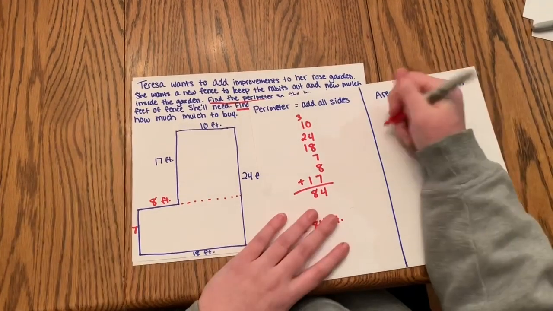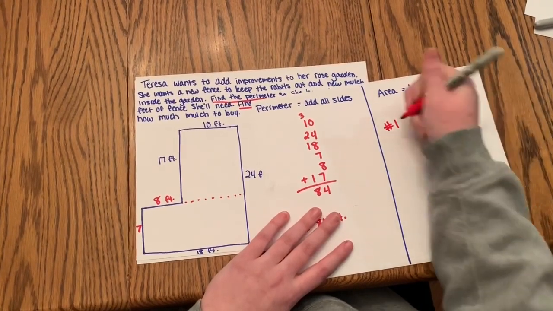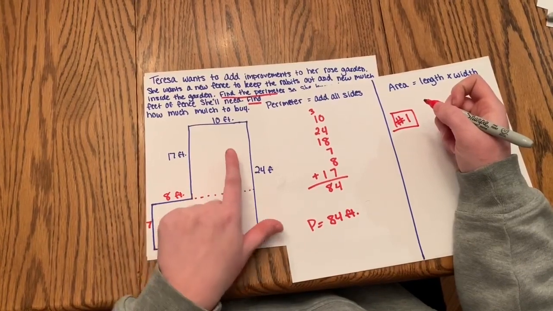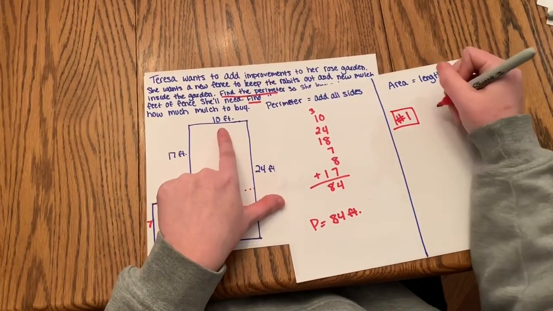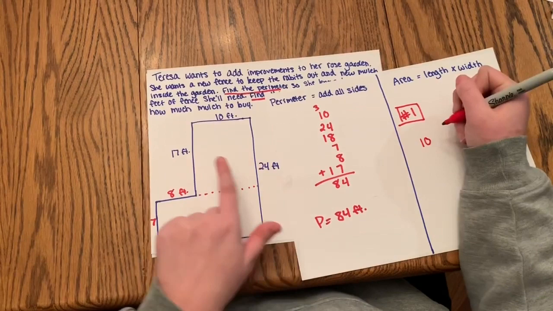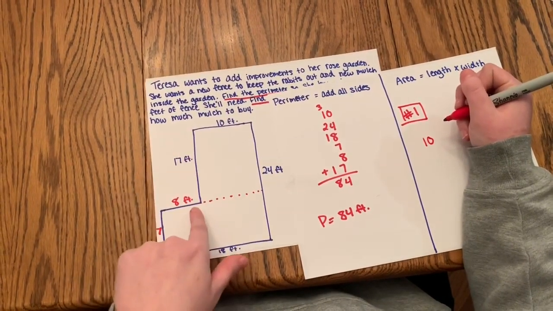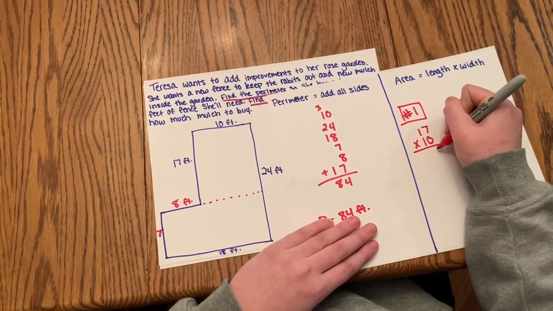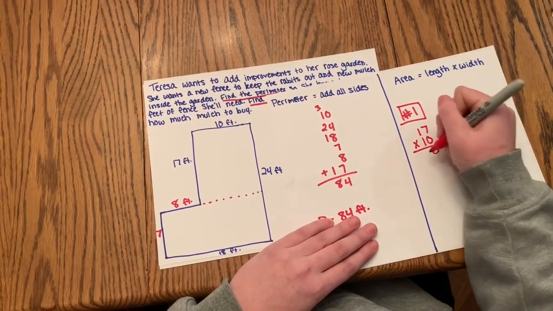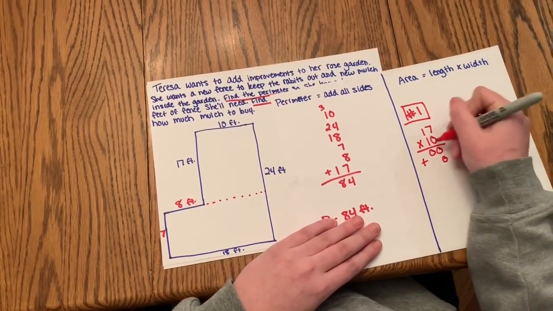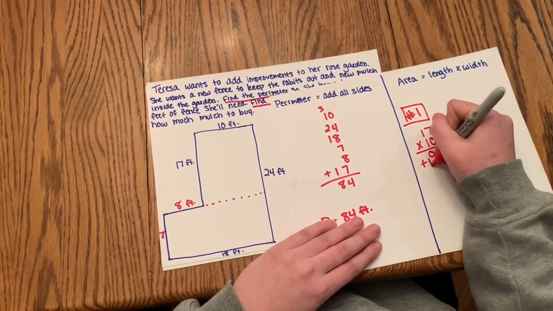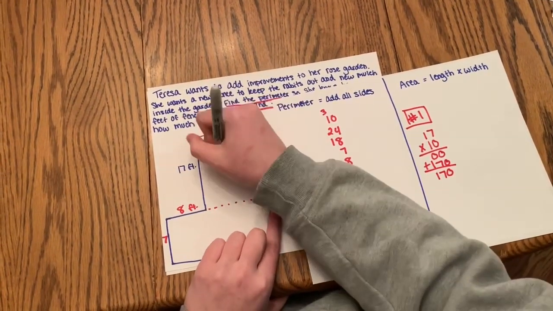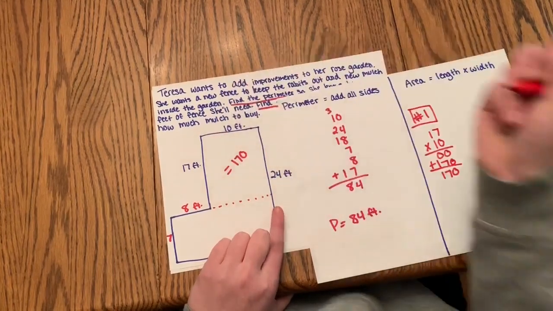So for the first one, we'll do shape number 1. We have the width is 10. The length is 17. So we're going to multiply those together. And we get 0 and 0. We put in our placeholder, and we get 7 and 1. So we know that the area of this is 170.